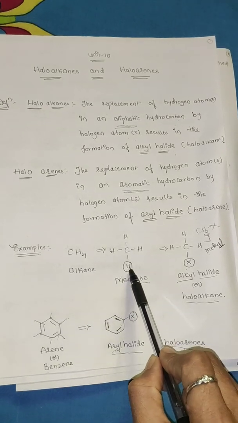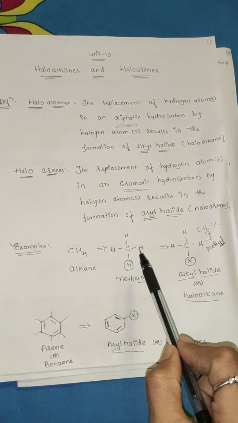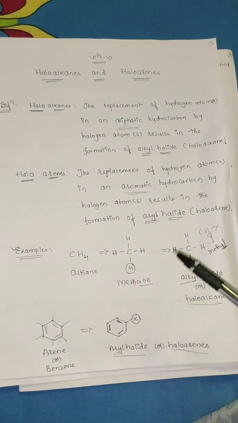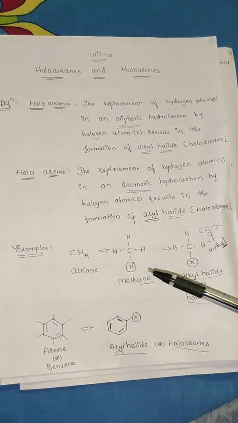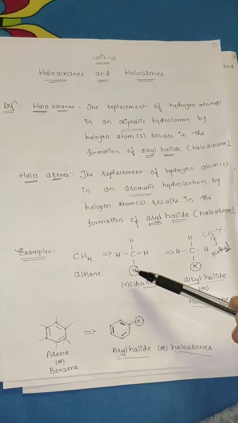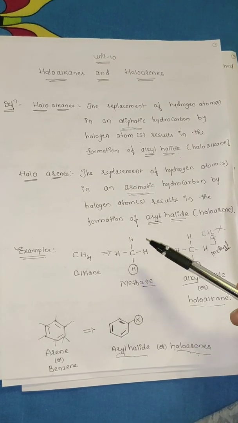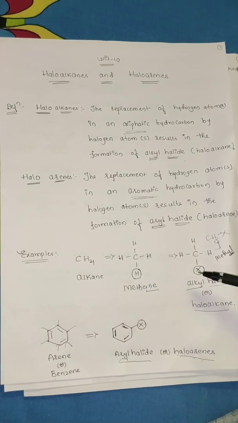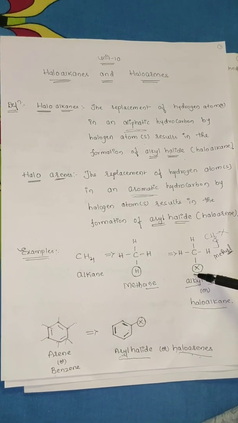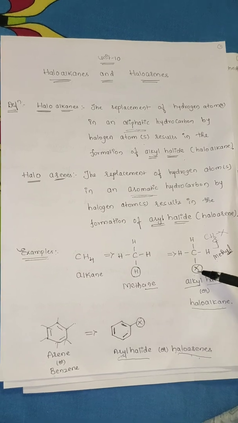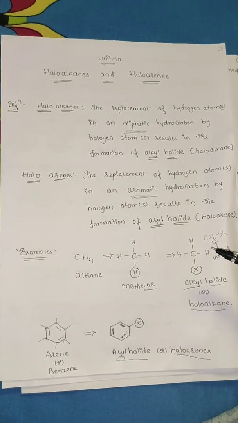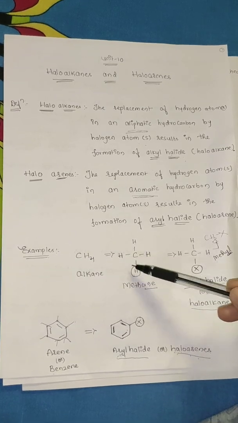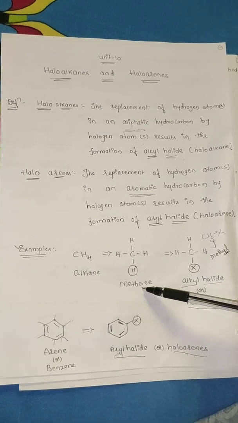So how does methane get converted into a haloalkane? Any one hydrogen must be substituted by a halogen atom. It may have one halogen atom, or two or more halogen atoms. Now CH4 is called methane.